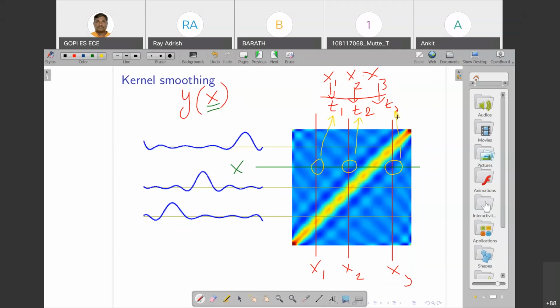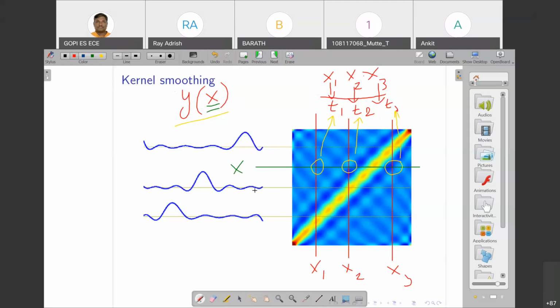You do a linear combination of the kernel function values, marked in a circle form here, with the corresponding targets t1, t2, t3. If I do this linear combination, you actually get this y of x. So now the task is finding out the kernel function and the tuning parameters in the kernel function.